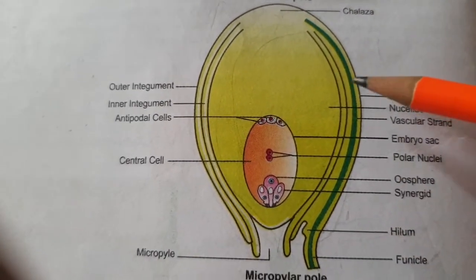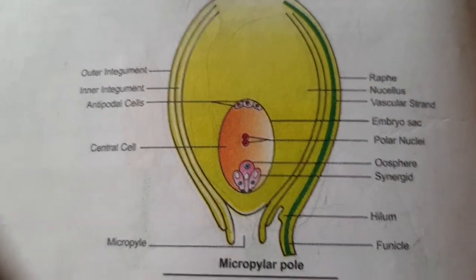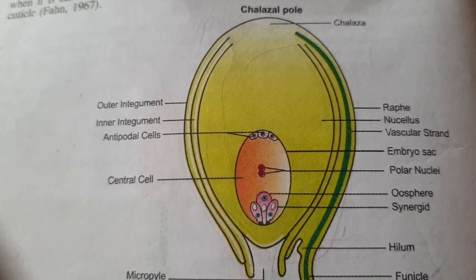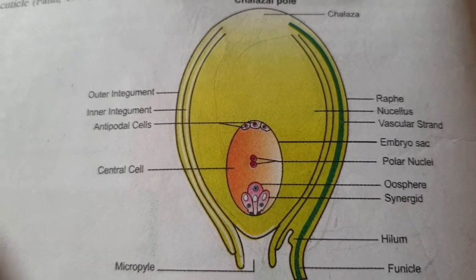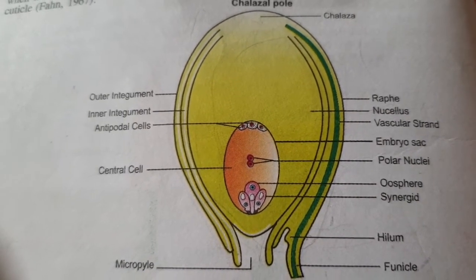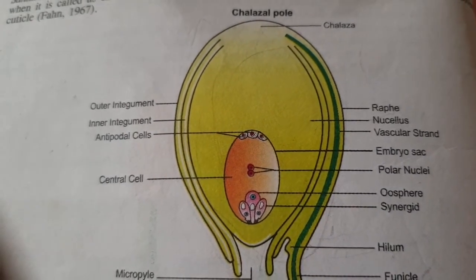Now if the ovule consists of one integument, then we call it unitegmic, as for example we observe in the Asteraceae family. If 2 integuments are present, then it is called a bitegmic ovule, as we observe in the Malvaceae family.